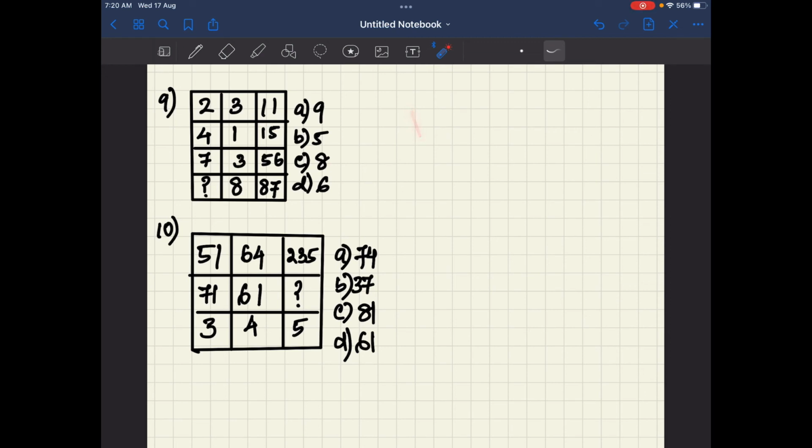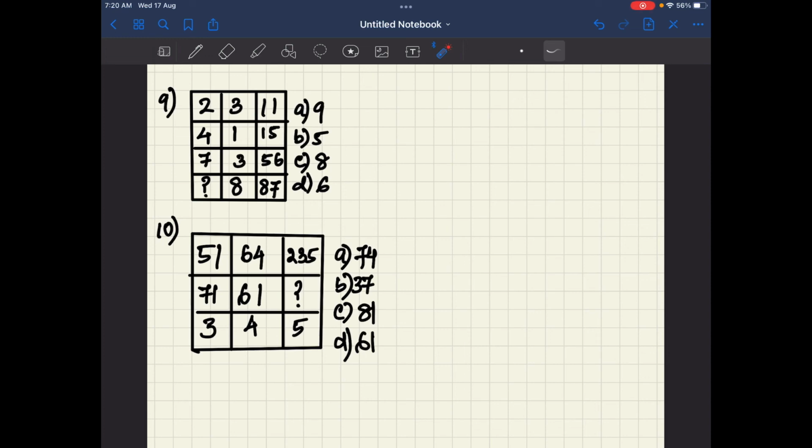Can we subtract any common digit from all the rows? Like 4 square plus 1 square is equal to 17. First we got 13, now we got 17, and 7 square is 49. 49 plus 9 is equals to 58. Yes, so it is getting subtracted.